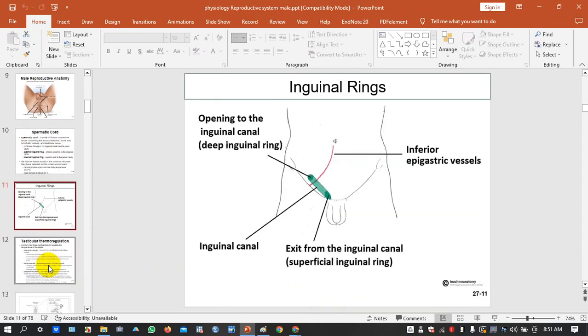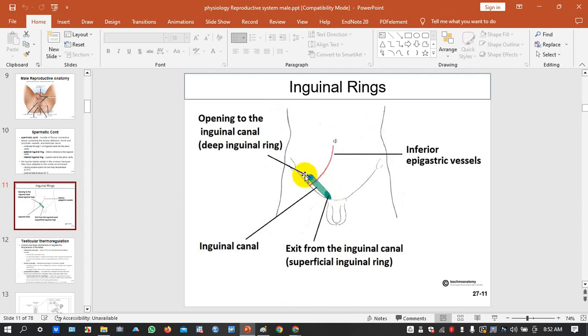So let's see the inguinal rings. So this is the opening of what? The inguinal canal. This whole thing, the inguinal canal, is a passage where the spermatic cord, the genitofemoral nerve or the testicular nerve, the testicular artery and testicular vein all pass. The vas deferens also passes through this inguinal canal.